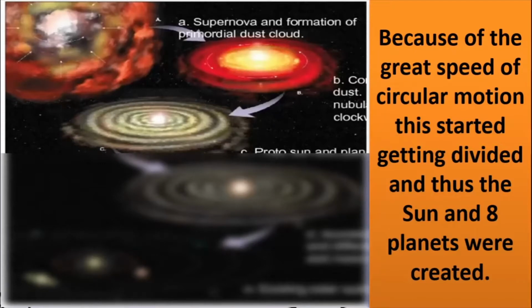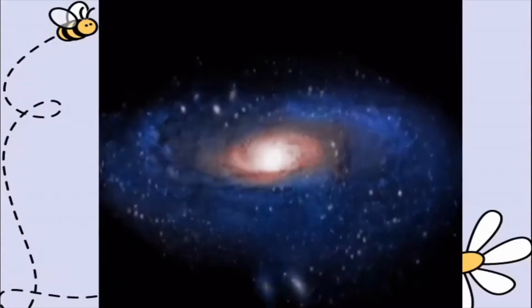So now you know how our Sun, our 8 planets, and our solar system were born. This is the story of the birth of the solar system. And then we had a beautiful solar system with the Sun, with the 8 planets and many other heavenly bodies.